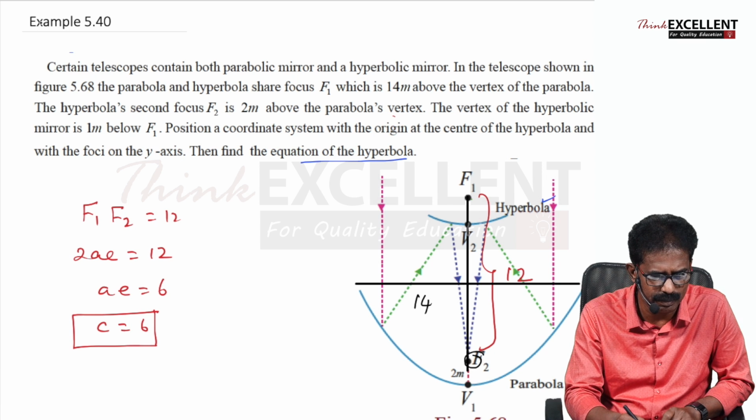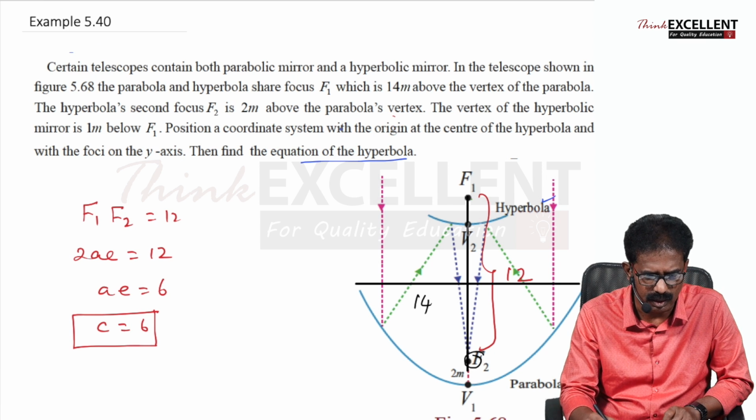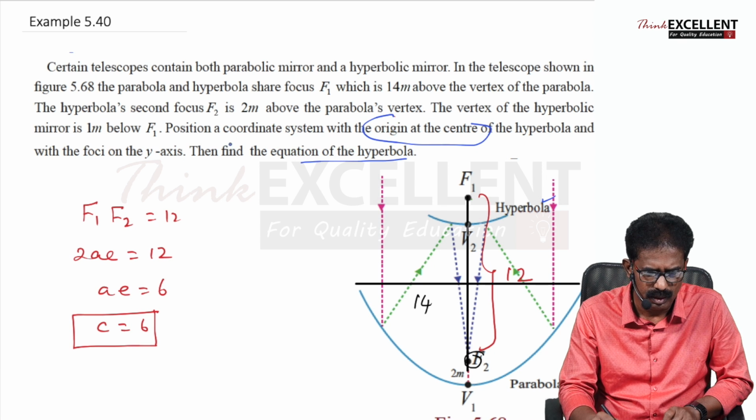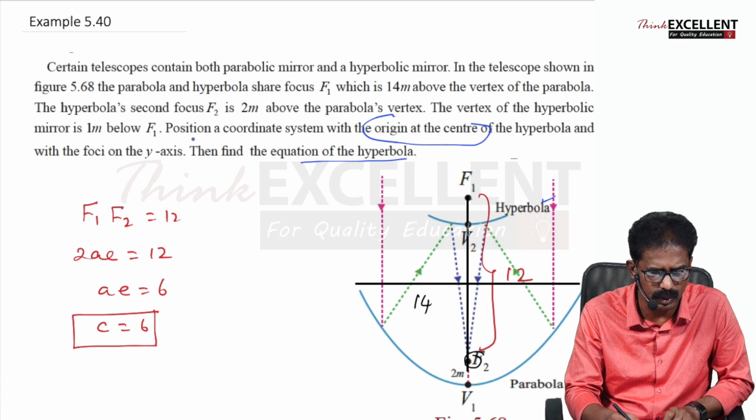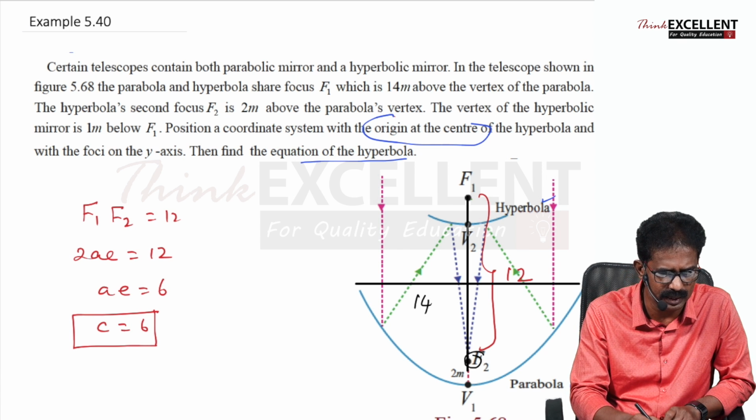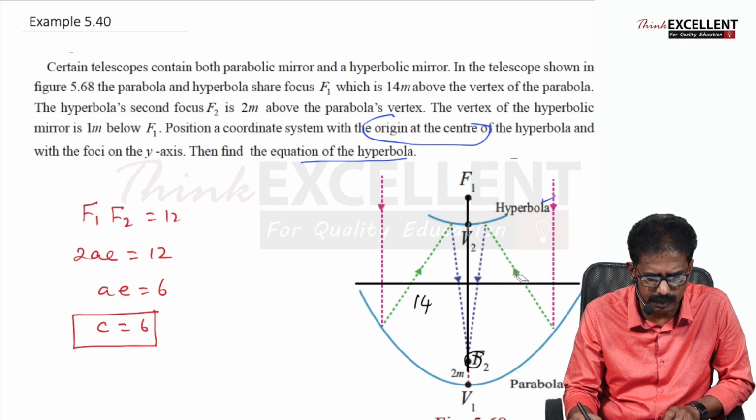But here they mentioned the center: the coordinate system with the origin at the center. So F1 to F2 is 12 means the upper part is 6. So we restrict only to that now.